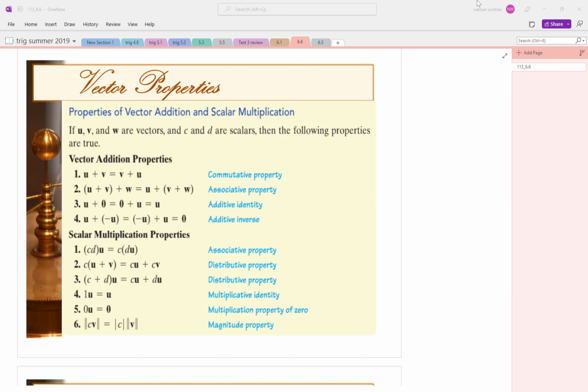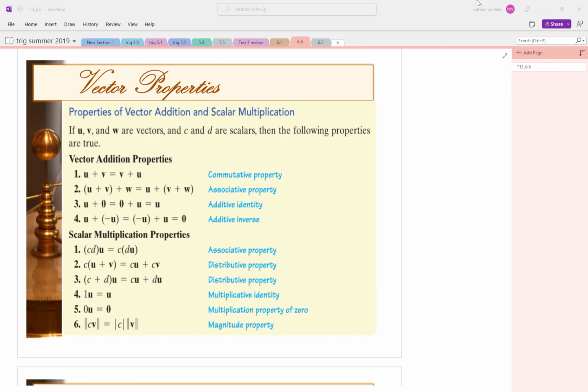Scalar multiplication properties: a scalar cd times u is equal to c times du. We're just changing parentheses. That's our associative property. A scalar c times the vector sum u plus v, we distribute to get cu plus cv, and that's our distributive property of a scalar times two vectors.